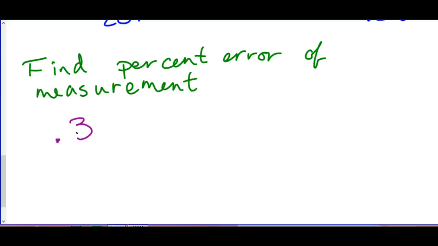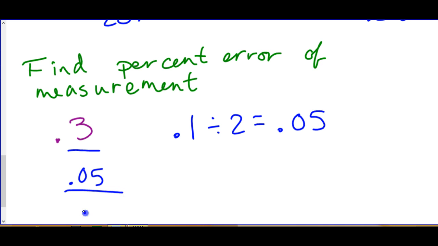Are we in the tens, the ones, the tenths, the hundredths? It depends on where our last digit is. Our last digit is the 3. It's after the decimal place, so again, this is tenths. We still divide it by 2, so we're using the same number a lot, which we already know is 0.05. So 0.05 divided by 0.3 is 0.16 repeating.